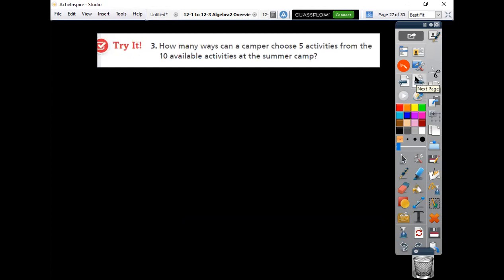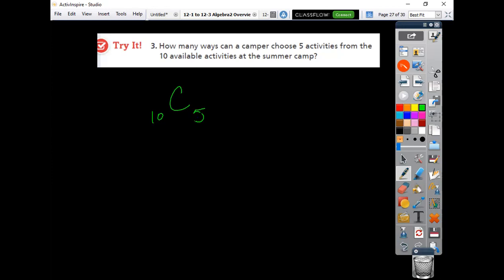How many ways can a camper choose 5 activities from 10? So choosing activities doesn't say you care about what order they're in. So this would be a combination, because the order doesn't make a difference. You have 10 to choose from, and you're going to choose 5.